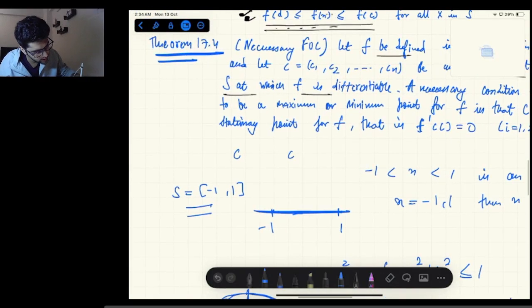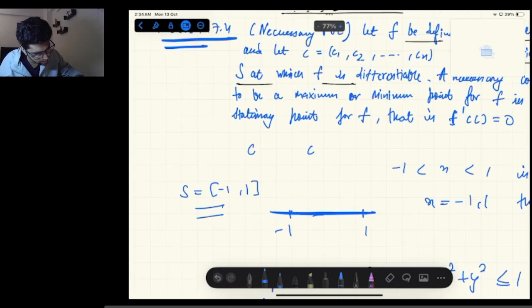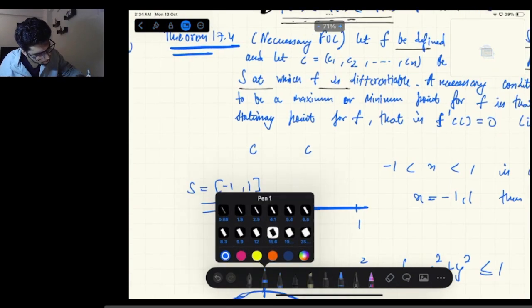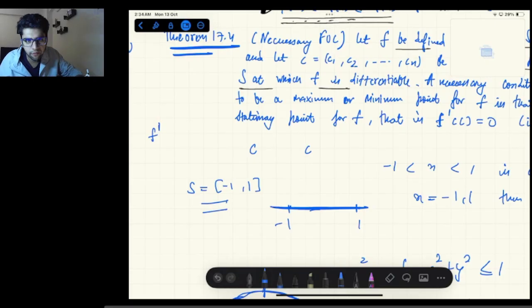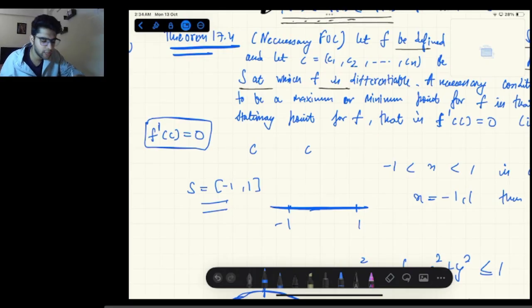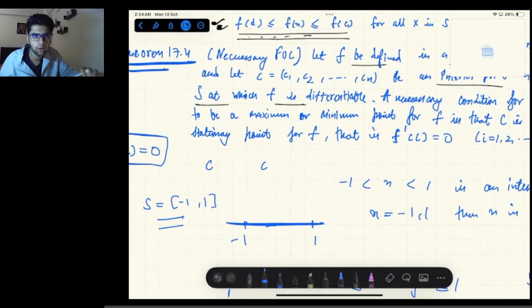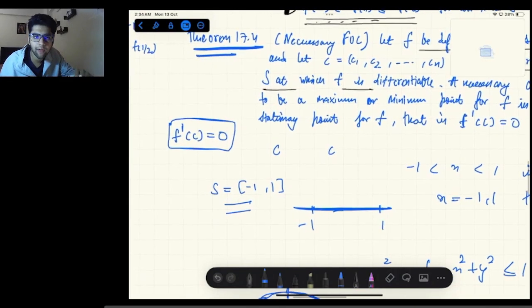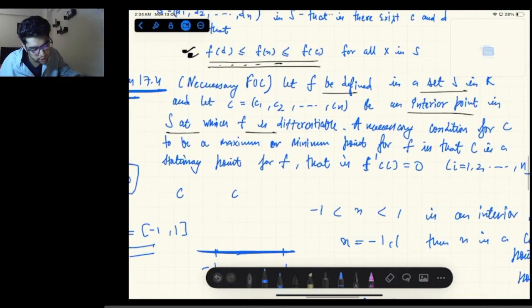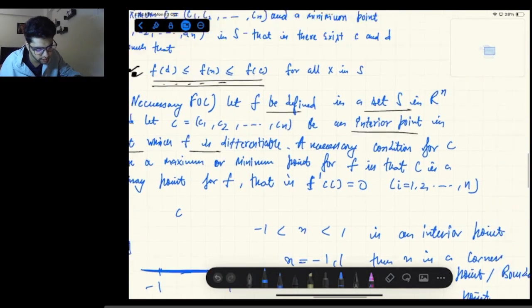Stationary point just means that the derivative at this point should be equal to 0, right? So f dash c should be 0. So they are saying that if c is an interior point at which f is differentiable, otherwise we won't be having a stationary point.